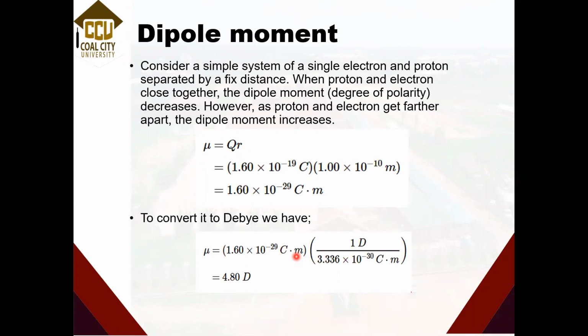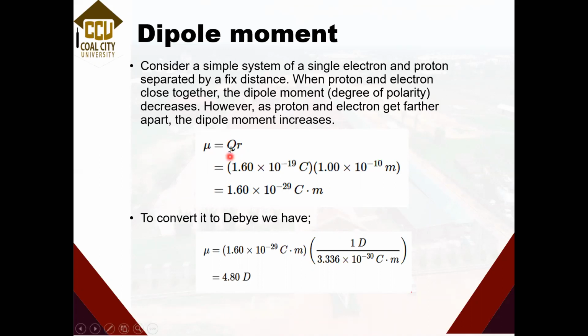When the proton and electron are close together, the dipole moment, that is the degree of polarity, decreases. Since the distance also determines the dipole moment, the farther apart they are, the larger the dipole moment. However, as proton and electron get farther apart, the dipole moment increases.